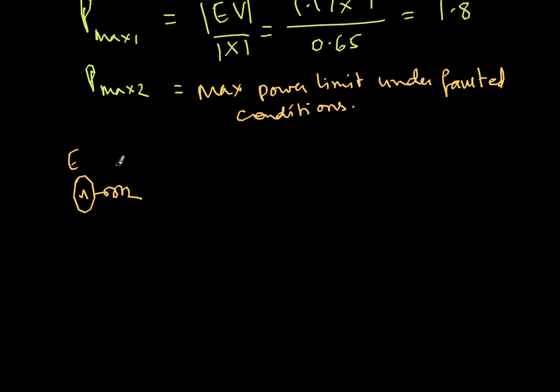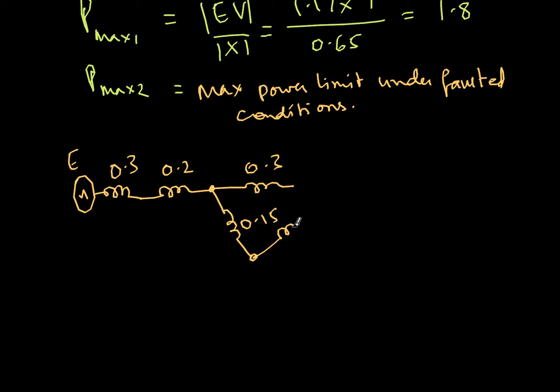I'll just skip the j here, and then 0.2, and then I have one line that is 0.3, and then the other line is 0.15, and this is a midpoint, and then 0.15.